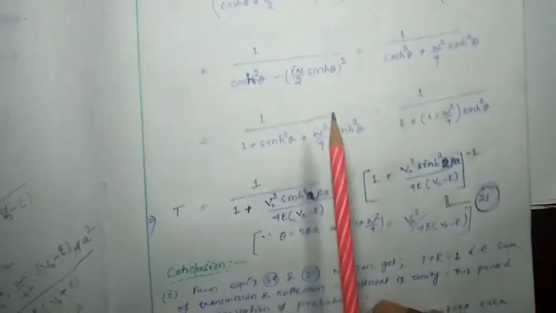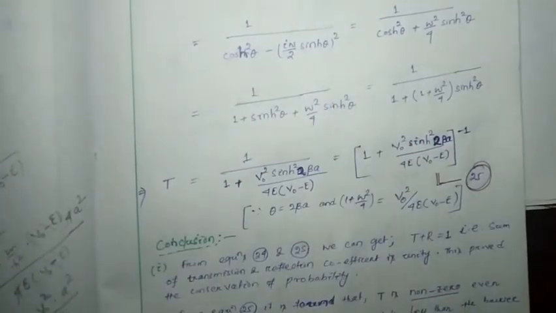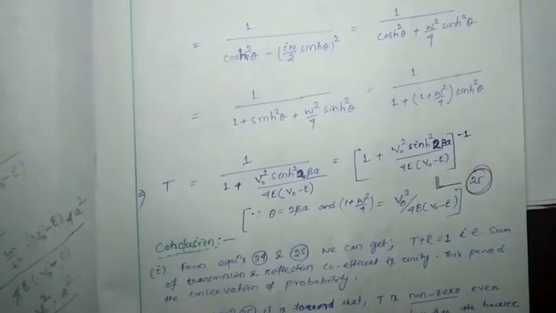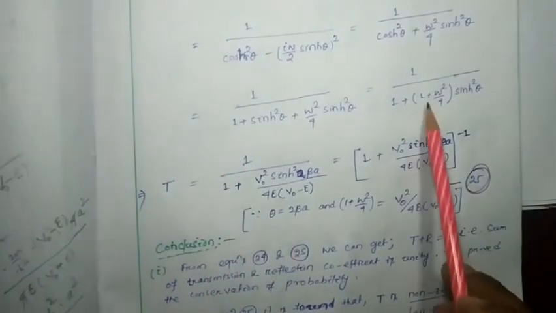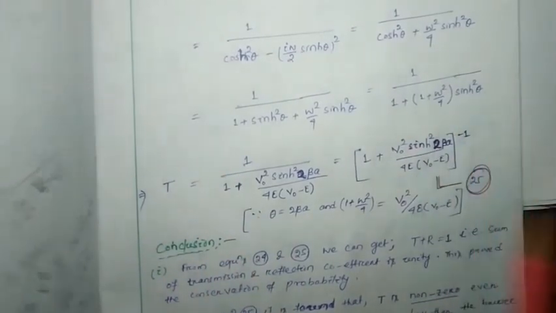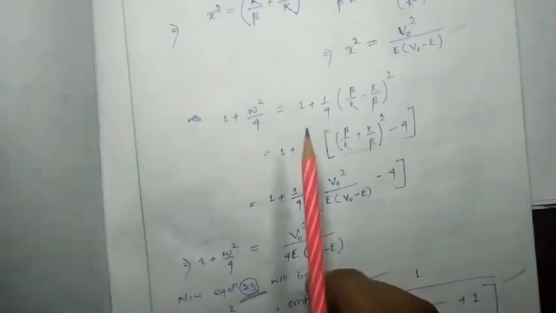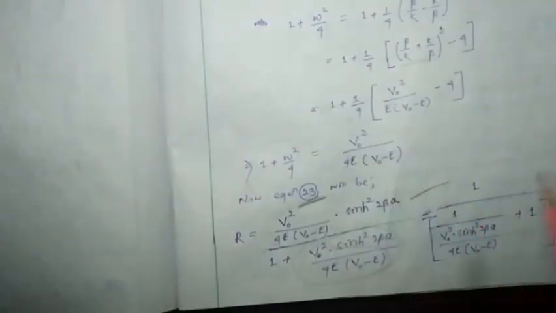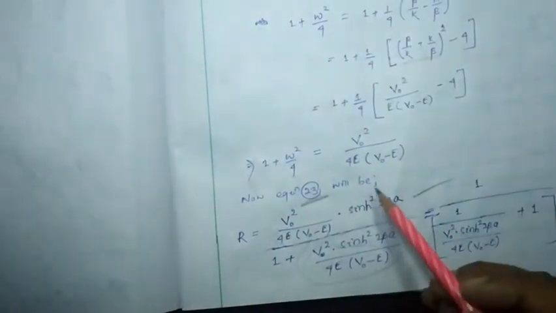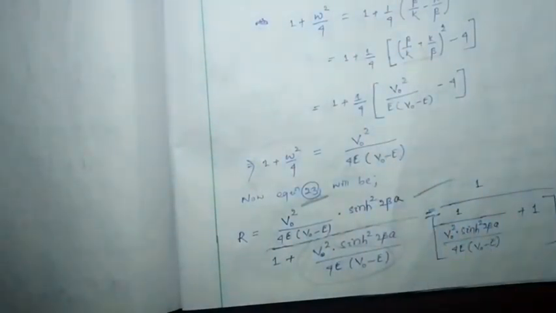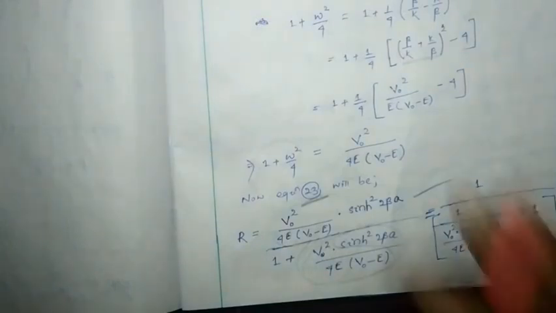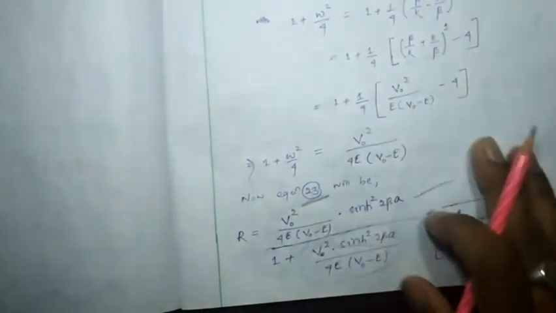Okay, so just previously we found the 1 plus omega square by 4 value, and we are going to put it over here. How much did we find? V0 square by 4E into V0 minus E. We directly put that over there.